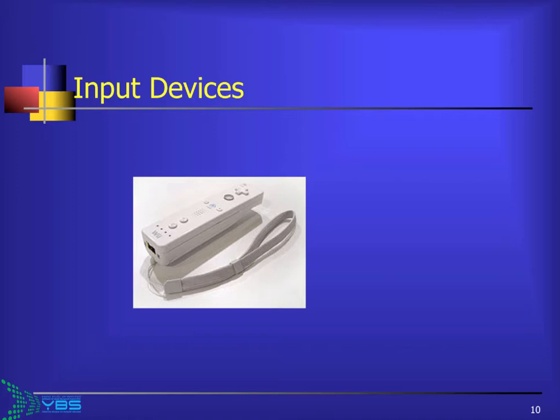These are the composite devices. As you see on the screen is a Wii remote with attached strap. Input devices such as buttons or joysticks can be combined on a single physical device that could be thought of as a composite device. Many gaming devices have controls like this.